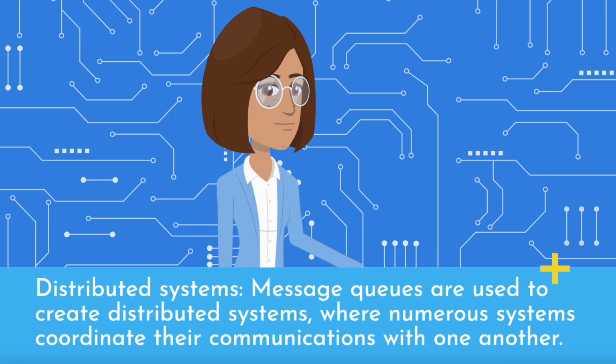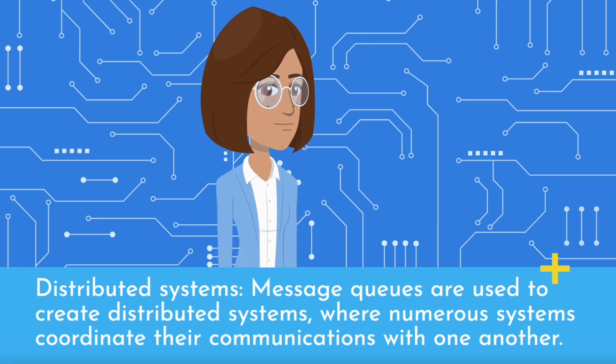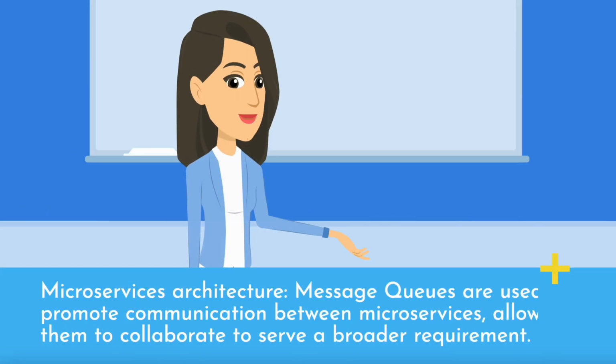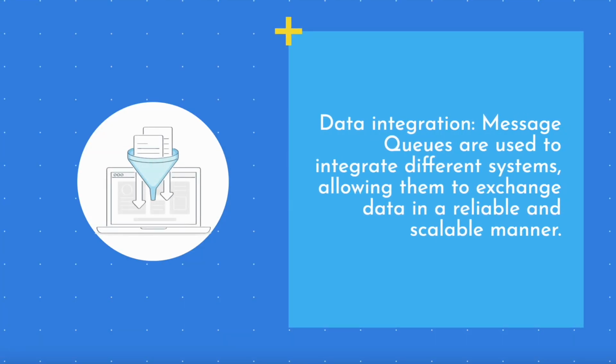Distributed systems. Message queues are used to create distributed systems, where numerous systems coordinate their communications with one another. Microservices architecture. Message queues are used to promote communication between microservices, allowing them to collaborate to serve a broader requirement. Background processing. Long-running tasks are processed via message queues so that the main application can keep processing requests while the background jobs are being completed. Data integration.